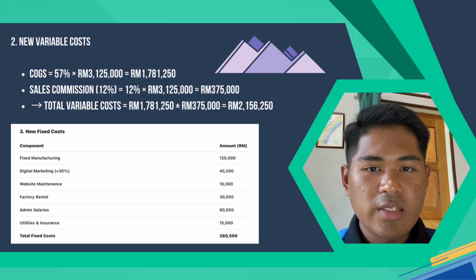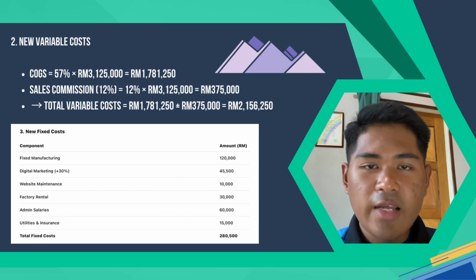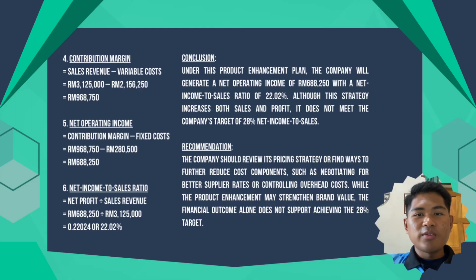Factory rental is 13,000, and then admin salaries is 60,000, utilities and insurance 15,000, and the total fixed cost is 218,500.